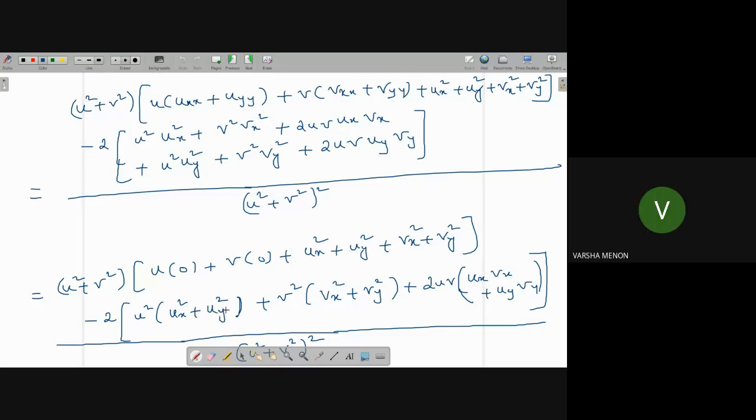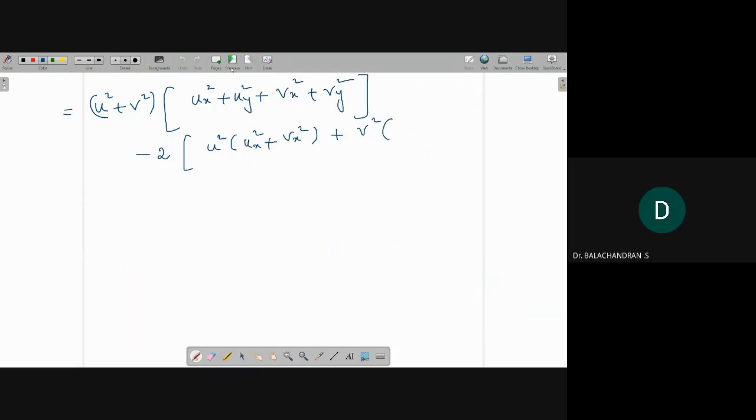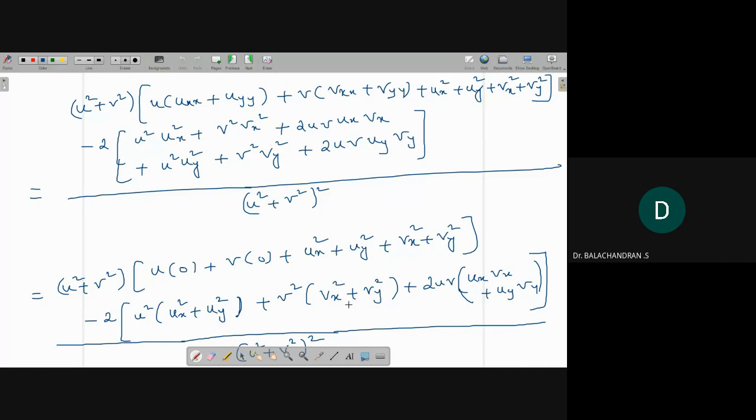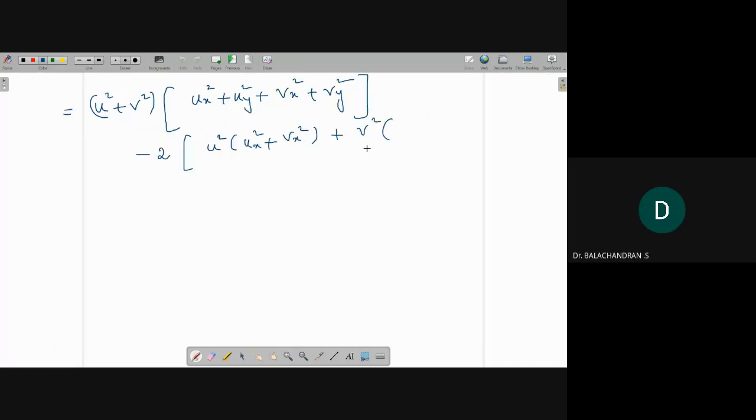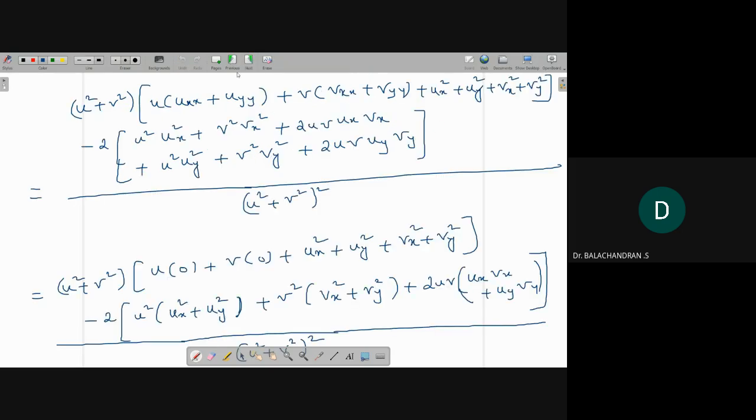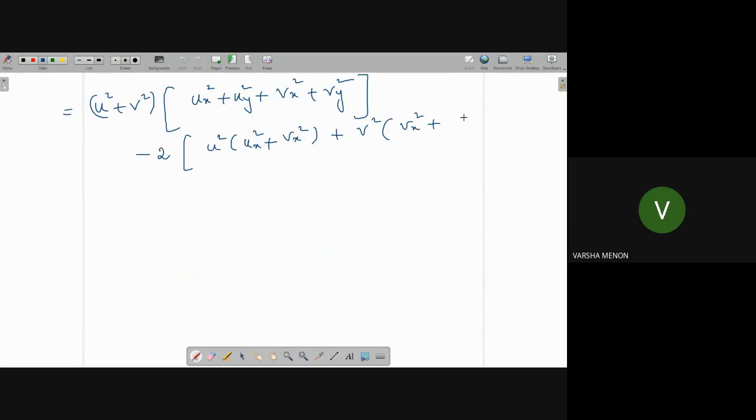You can write vy as ux in that side. So it will be ux square plus vx square. Here I need to change. Yes, you are right. Everything now I need in terms of x. The next one, v square into vx square plus ux square. And you are changing vy as minus ux. Correct. So minus minus, plus ux square. Yes, correct.